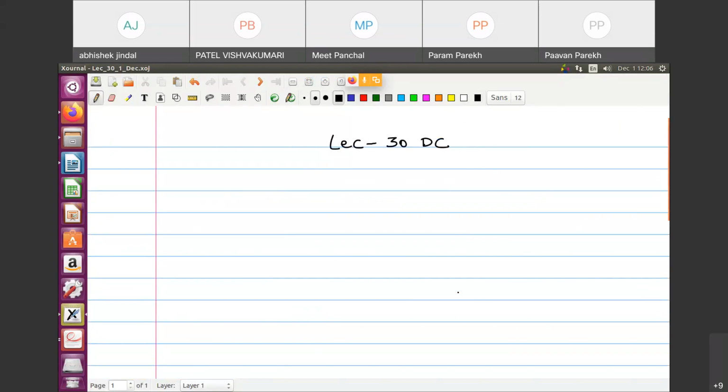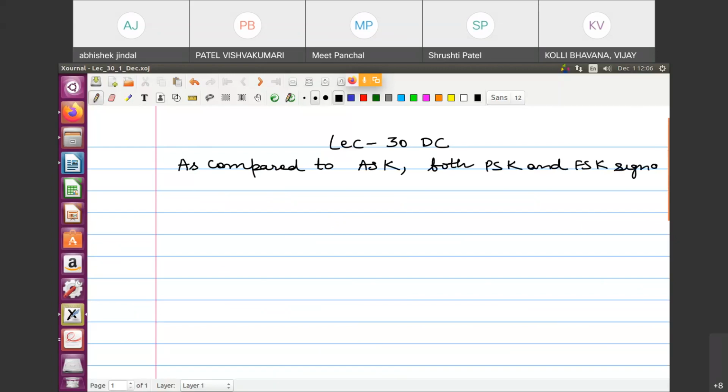Yes, one thing is that as compared to ASK, both PSK and FSK signals have a constant envelope.